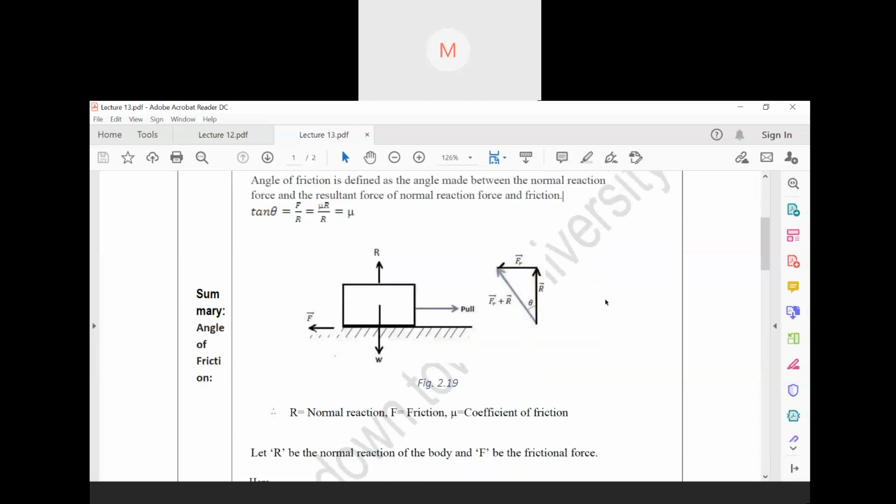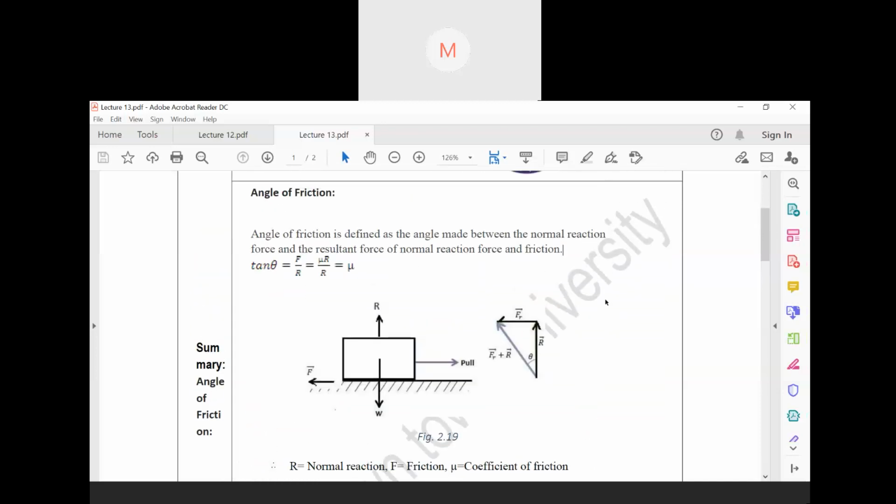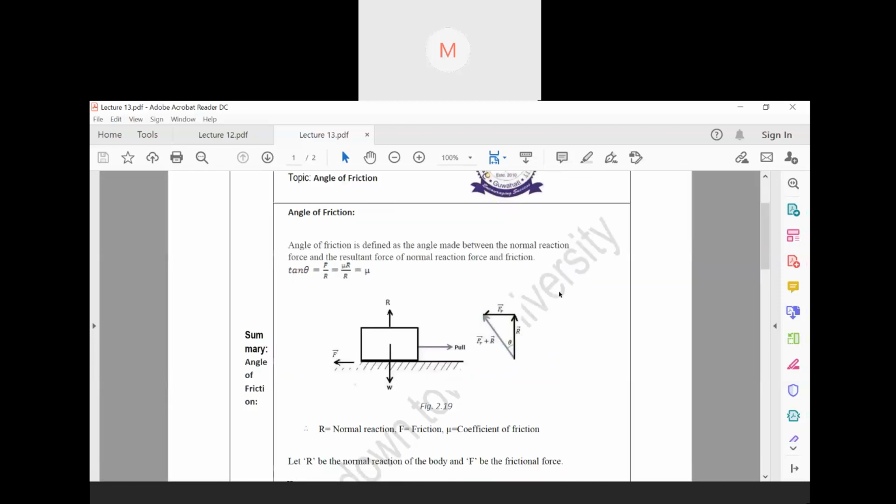Now here, look at this diagram. What can you interpret from this diagram? Can anyone say? I'll continue with it, I'm just trying to see how much you have learned.